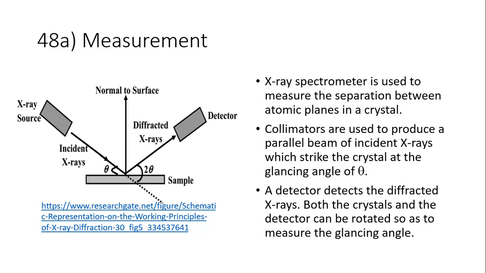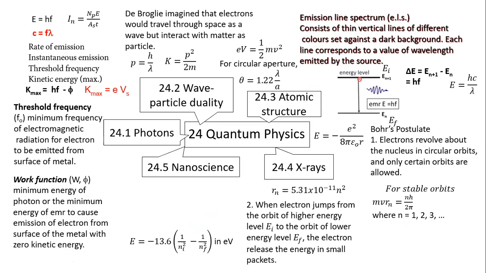The detector detects the X-ray. We cannot use our eye, so we have to use a detector. Both the crystal and the detector can be rotated so as to measure the glancing angle. I can rotate this one from here to there, or I can rotate this one. That detail is not important to us, just for the scientists who are doing the measurement.